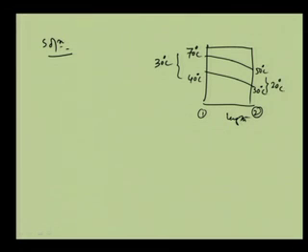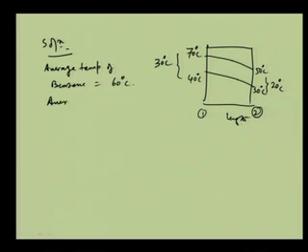Fine. Now, the average temperature of the hot fluid, that means of benzene, is equal to 60 degree centigrade, and the average temperature of water is equal to 35 degree centigrade.